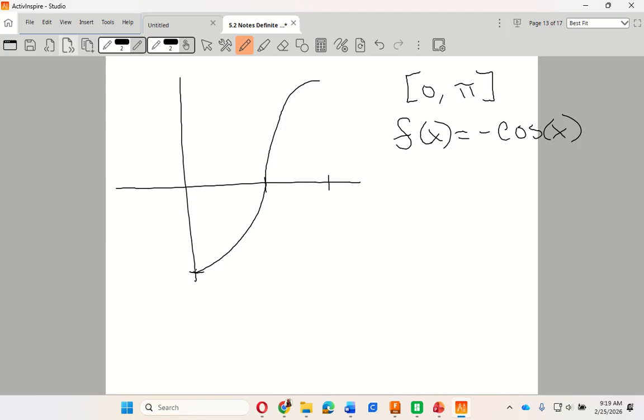So, this right here, sine is a wave. It's symmetrical, right? Okay, so all the pieces add up together. So area 1 and area 2.